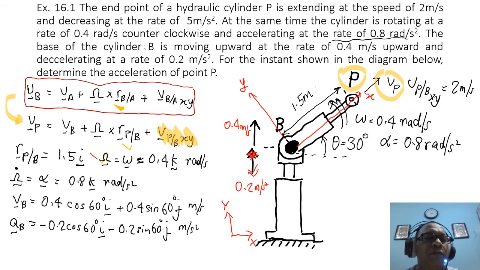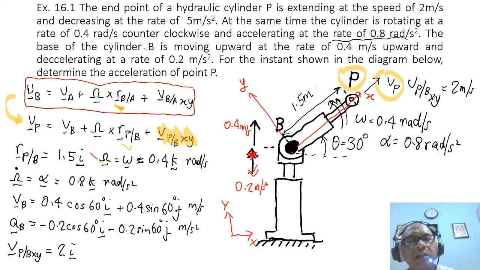So V P relative to B in the XY system is 2 I, in the direction of I, meter per second.